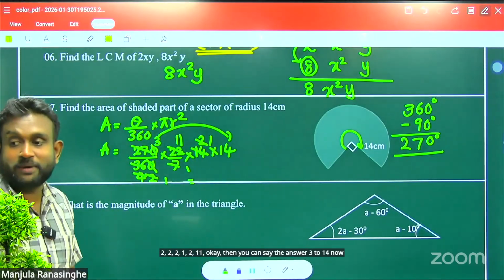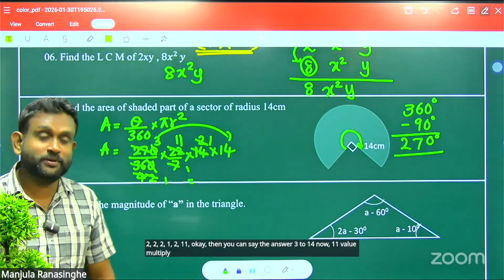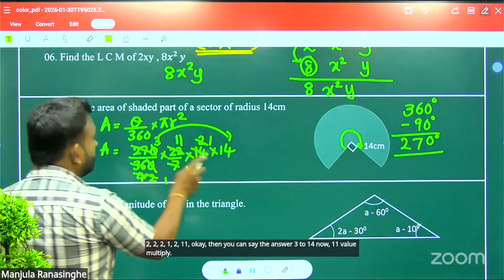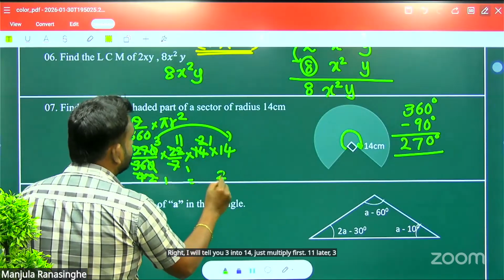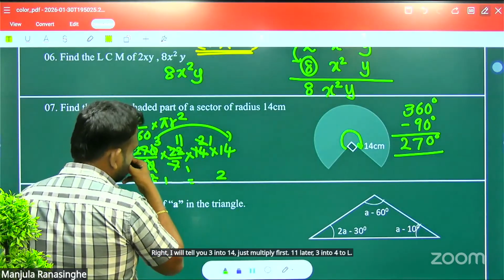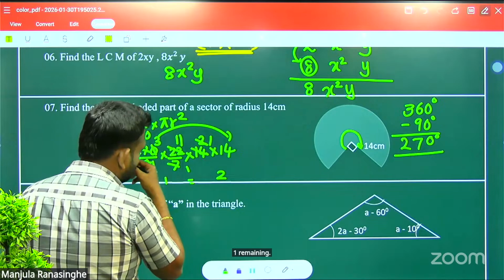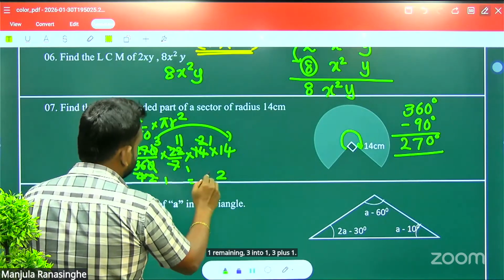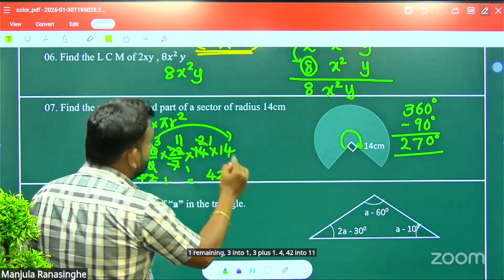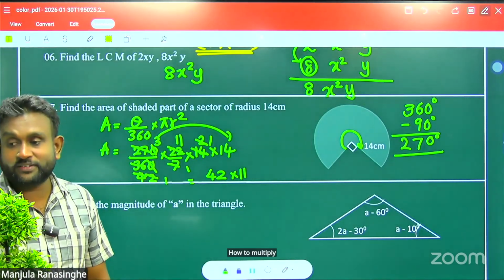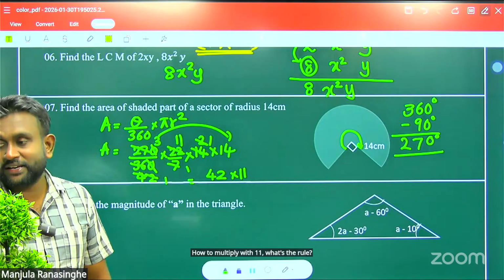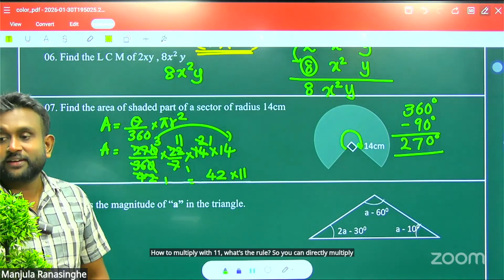Do you know the trick for multiplying by 11? I will tell you. Just multiply 3 into 14 first, which is 42, and 11 is kept for last. How to multiply by 11?